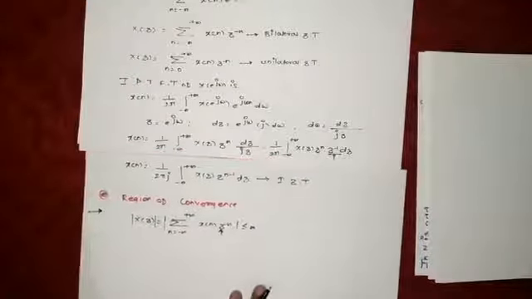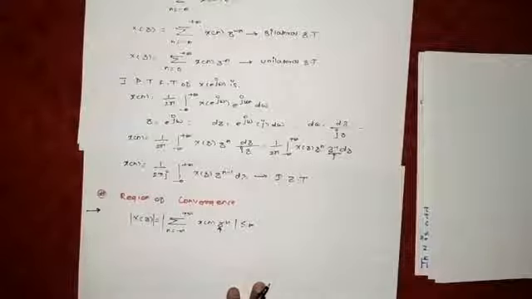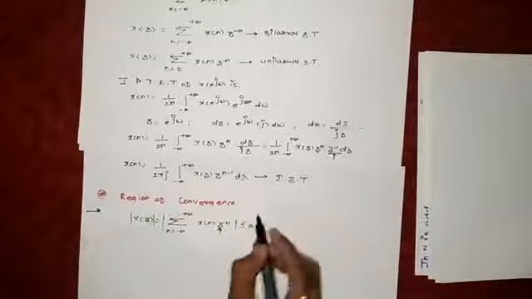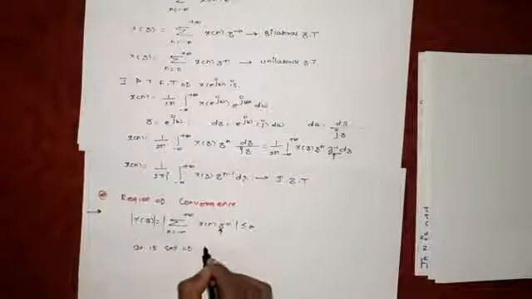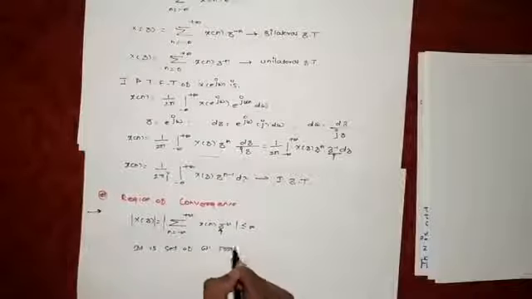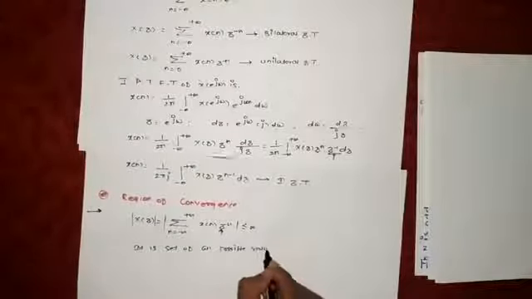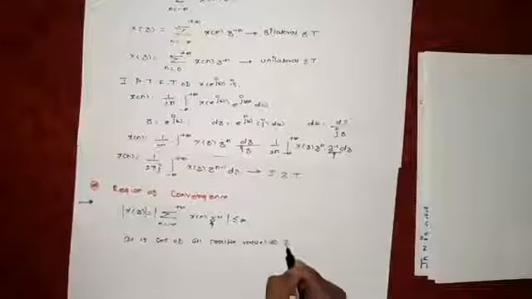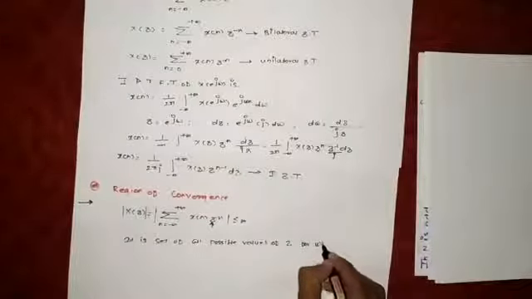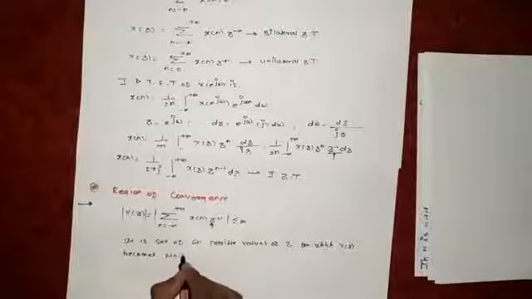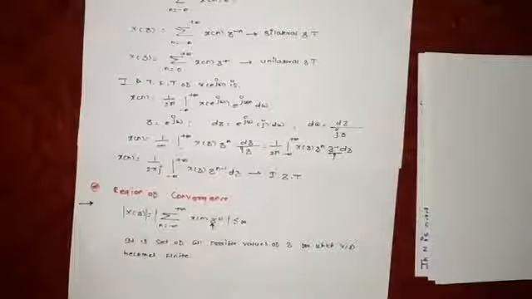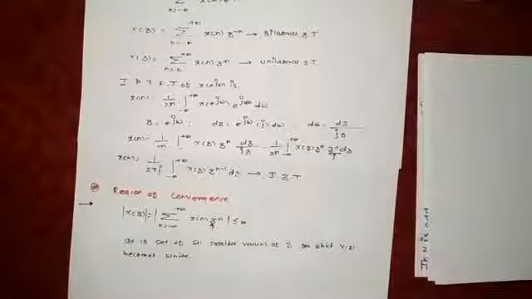If this condition is satisfied, one can say that the system is going to be stable, and hence we can write the definition of ROC as the set of all possible values of z for which X of z becomes finite, and that set is known as the region of convergence.